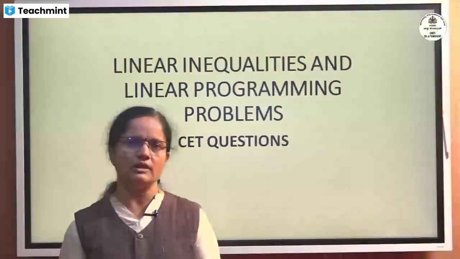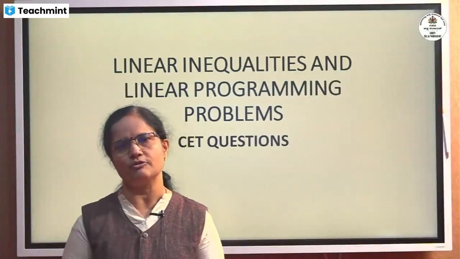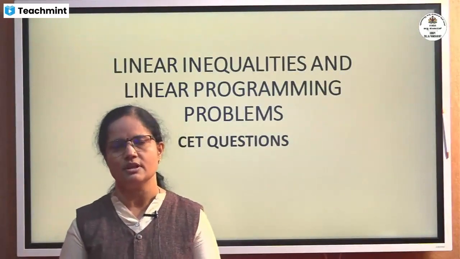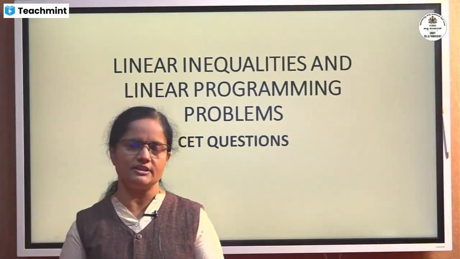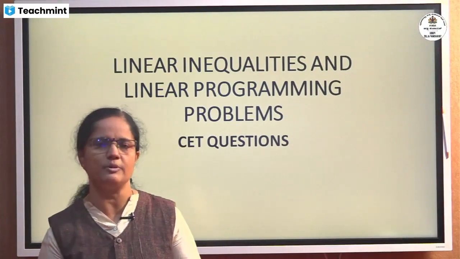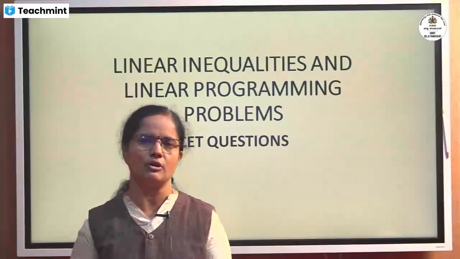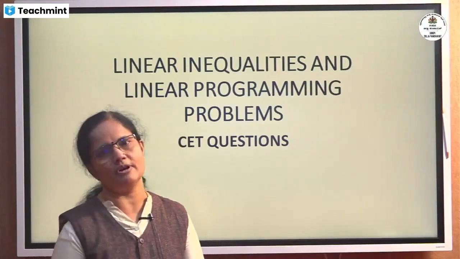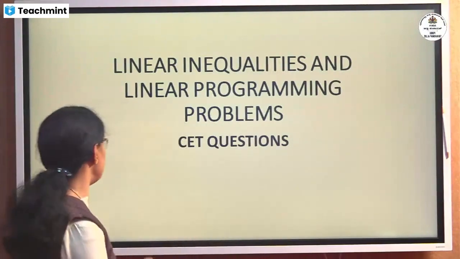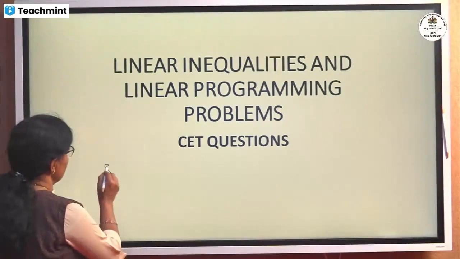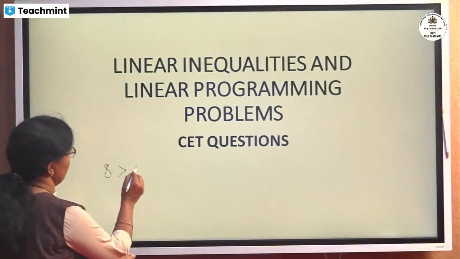To solve linear inequalities, you have to follow the rules that you follow to solve equations. But the change is, if you multiply by negative numbers on both sides of the inequality, then the inequality reverses. I will give one simple example. You know that 8 is greater than 6.